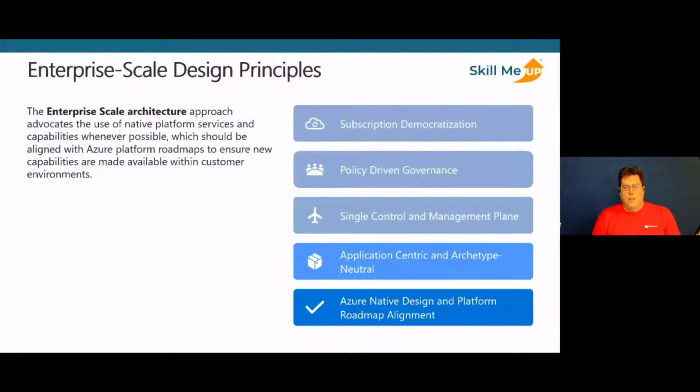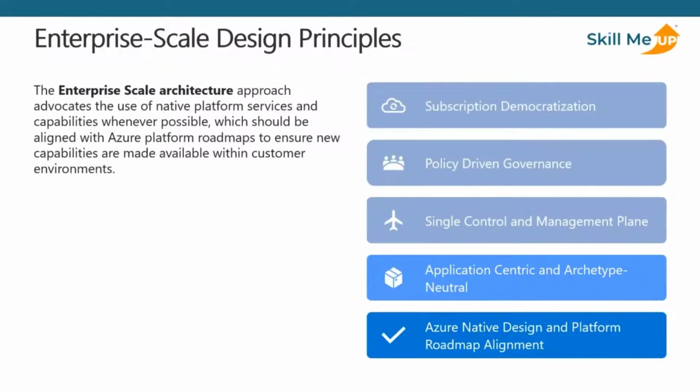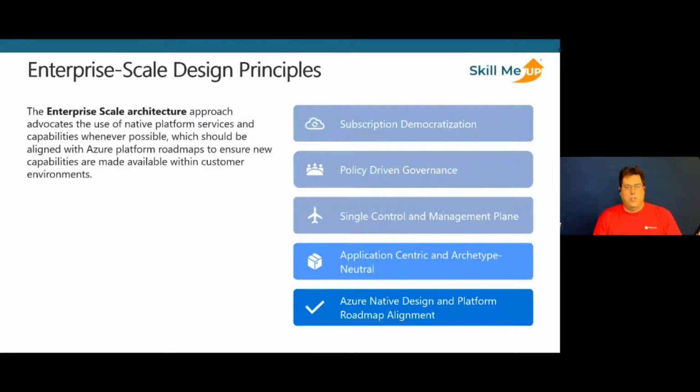And finally, now that we have gone through and we've built upon our building blocks of our design principles, now we have hopefully an Azure native design and a platform roadmap that can align to your enterprise architecture. We're utilizing native platform services and capabilities wherever possible.